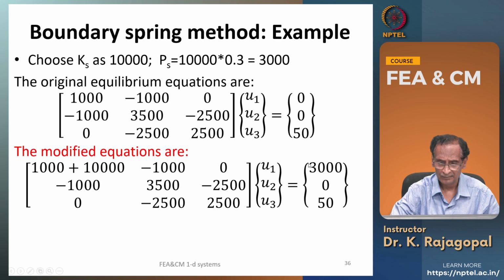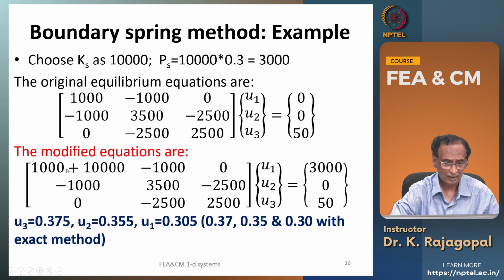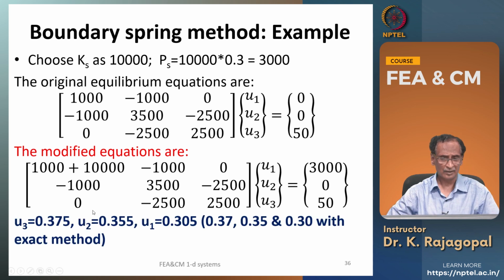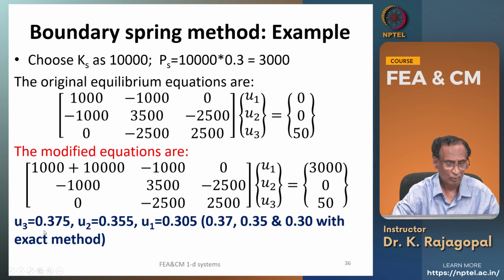So, on the right hand side we applied a force of 3000, and then on the left hand side we have added the boundary spring of 10,000 to the first degree of freedom. If you solve this system of equations, we see that U3 is 0.375, U2 is 0.355, and U1 is 0.305, and with the exact method these were the displacements that we got, which are very close to these values.